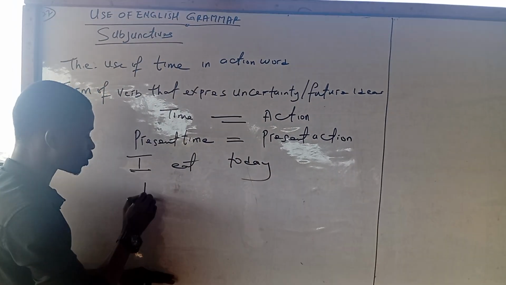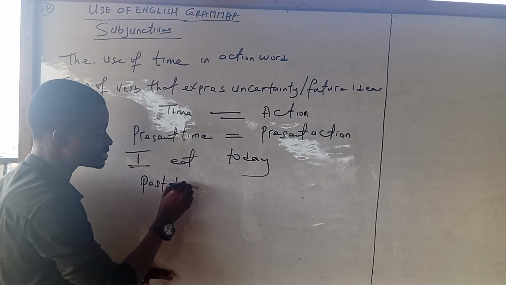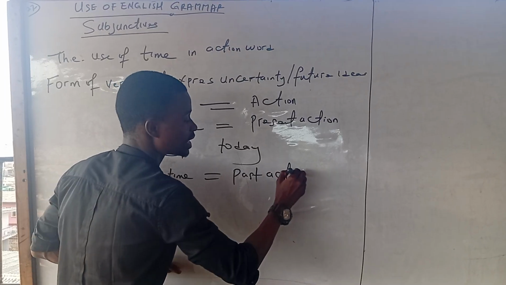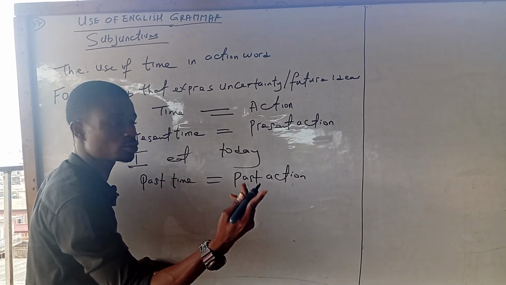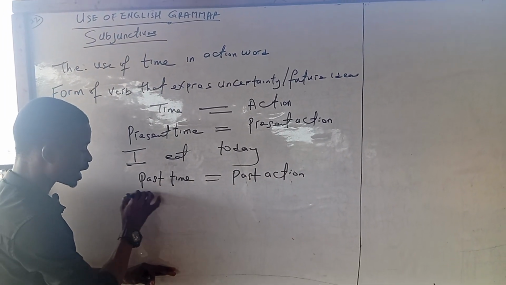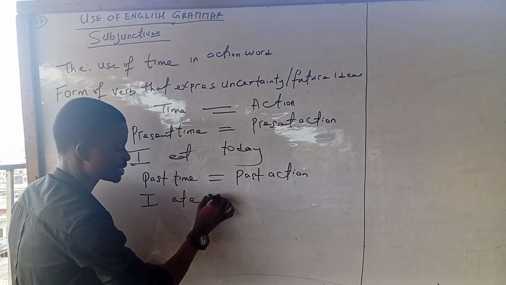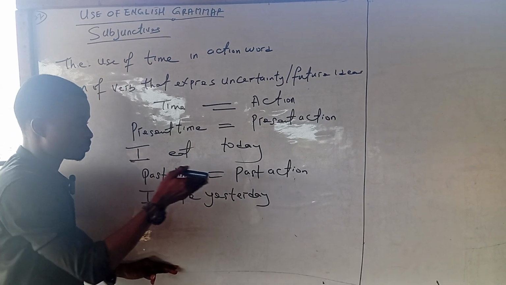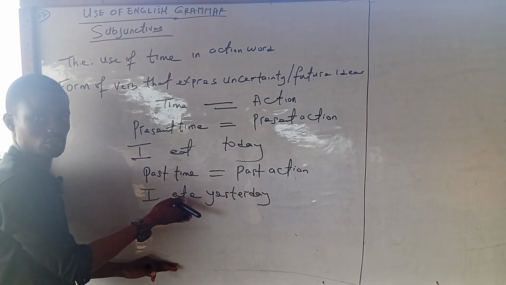So number 2, if you have a past time, you have to use a past action. A good example is I ate yesterday. So this is past time, past action.